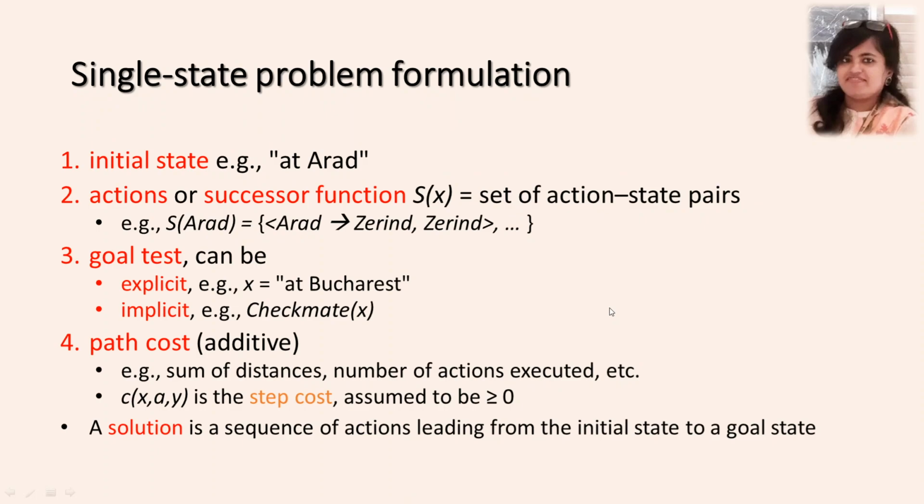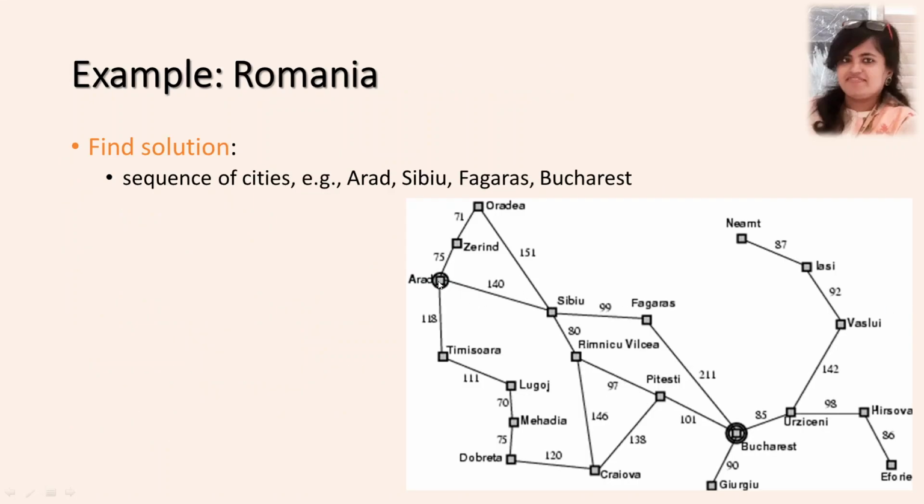So it's the addition way. This is the step cost. We have always assumed that it should be greater than or equal to 0. That is, suppose one city has two different names, you should handle that in such a fashion that the different names are justified in your algorithm.